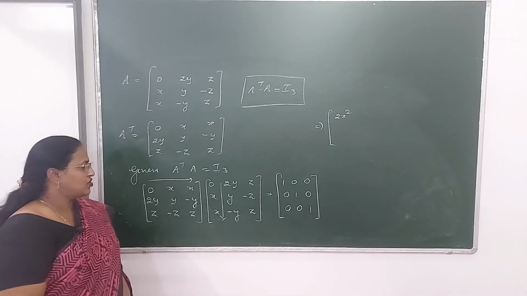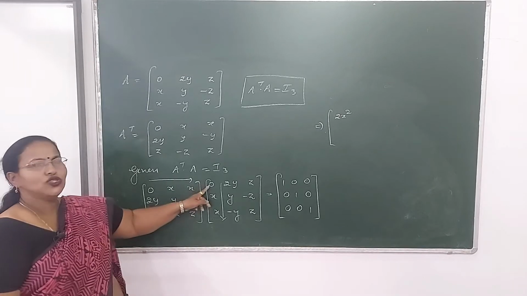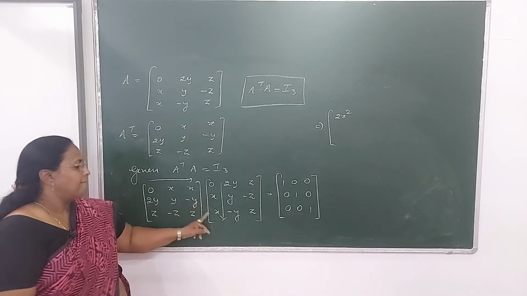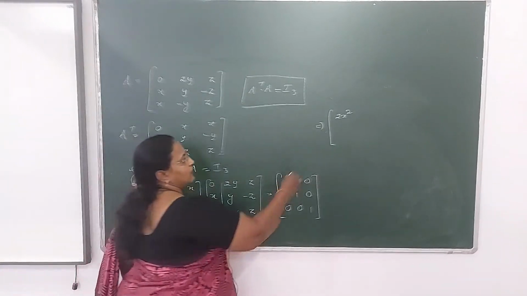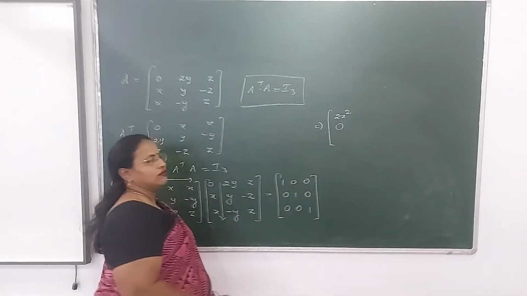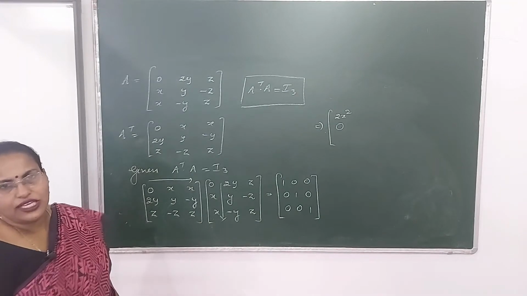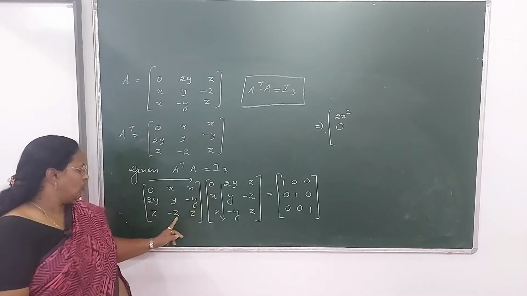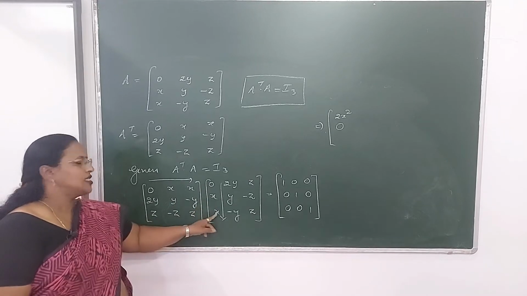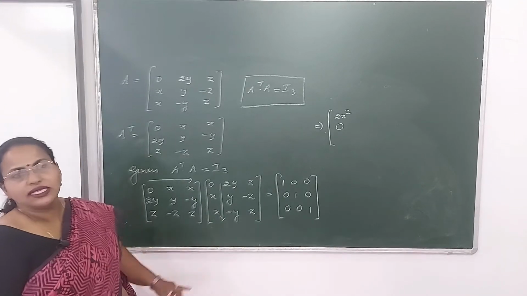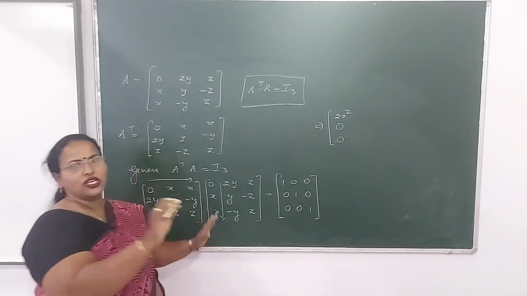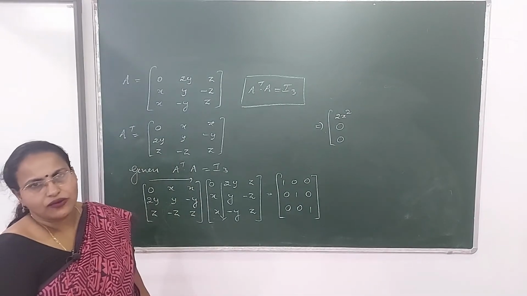Now moving to the next row. 2y into 0 is 0. y into x, xy minus xy means it will be giving 0. Likewise, move to the third row. z into 0 is 0. This is minus zx and this is plus zx. Minus zx plus zx will result 0.